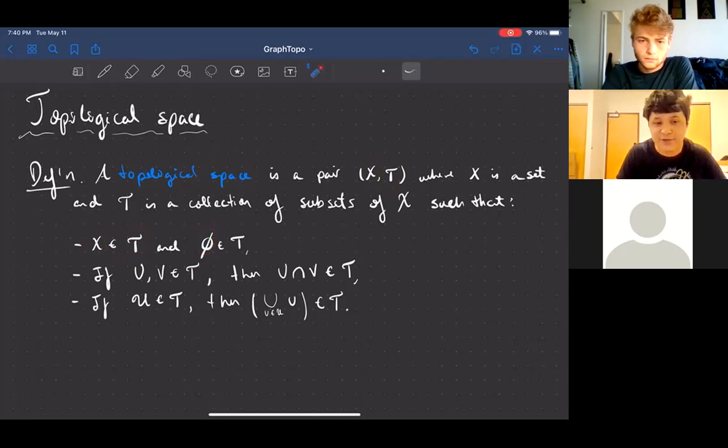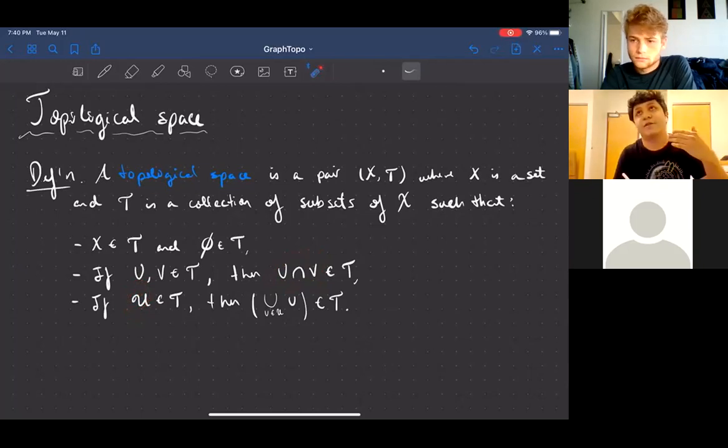The empty set must also belong to this collection of subsets. Also, if we have two elements of such collection, then the intersection of those two elements must also be an element of the collection of subsets. And if you have a subset of the elements of the topology, the union of all those subsets must also be an element of the topology.